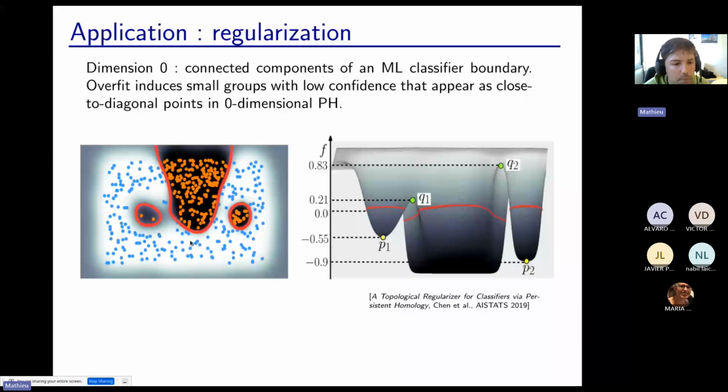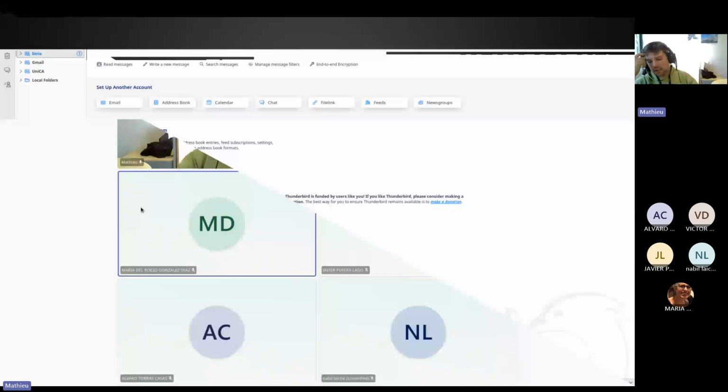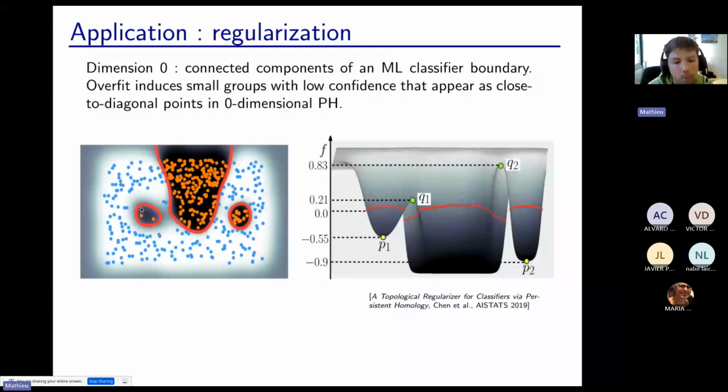Some of them it's okay to have more than one, for instance here, but you want to prevent the model from creating small disconnected islands like this, or to prevent it from doing it too much. So this is an example where you would translate a data science problem into a topological formulation. Here we relate overfitting with connected components.